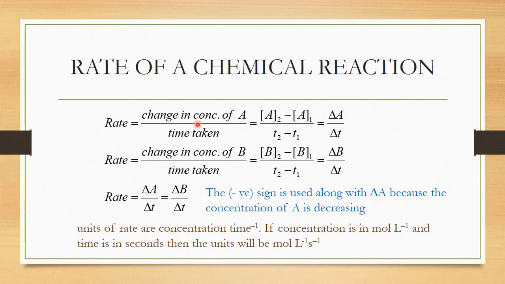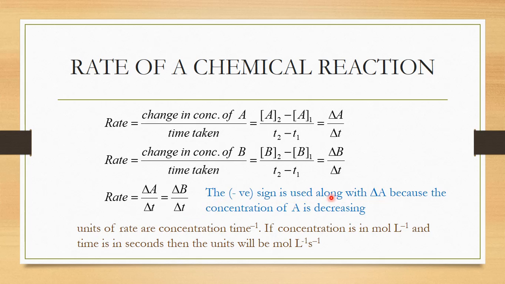Rate will be change in concentration of A upon time taken, meaning A2 minus A1 upon T2 minus T1, or it can be written as delta A upon delta T. Similarly, rate can also be written as change in concentration of B upon time taken, meaning delta B upon delta T. Means rate is equal to delta A upon delta T is equal to delta B upon delta T.